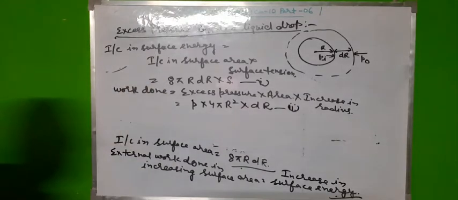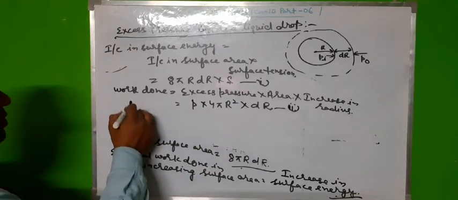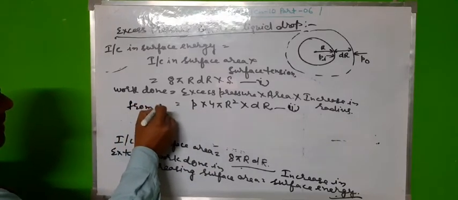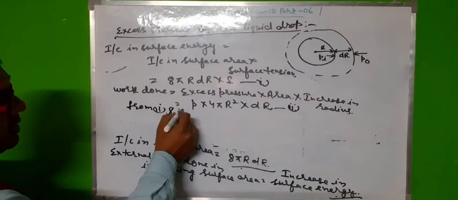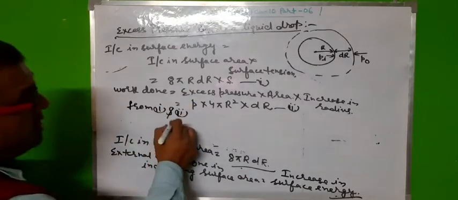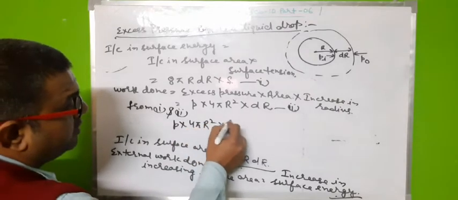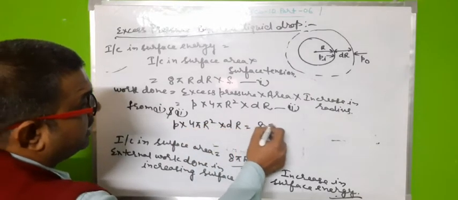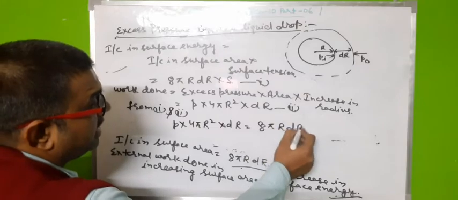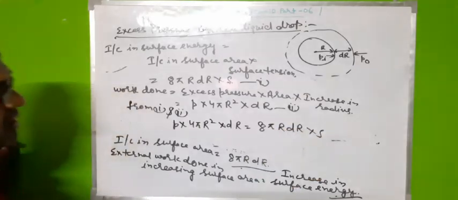So from 1 and 2, what can we write? P into 4 pi r square into dr is equal to 8 pi r dr into S. Clear?